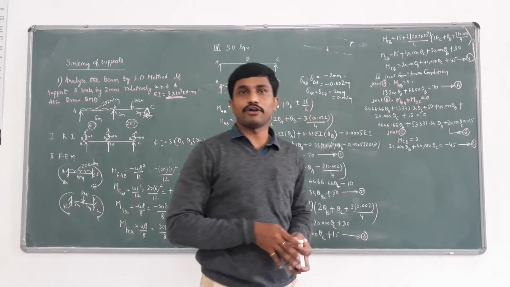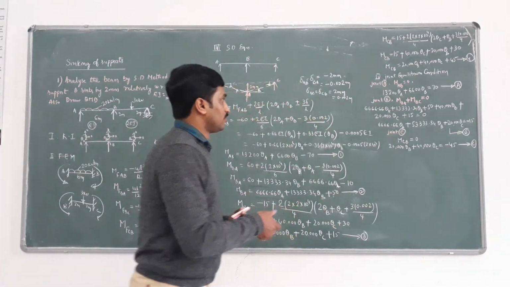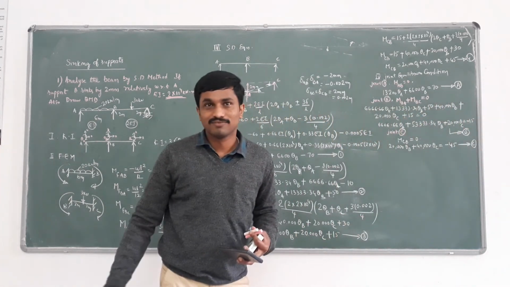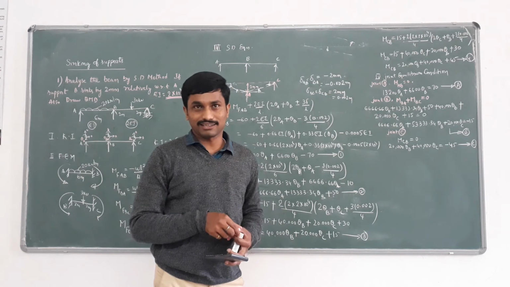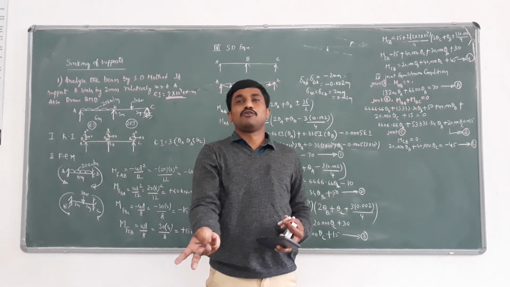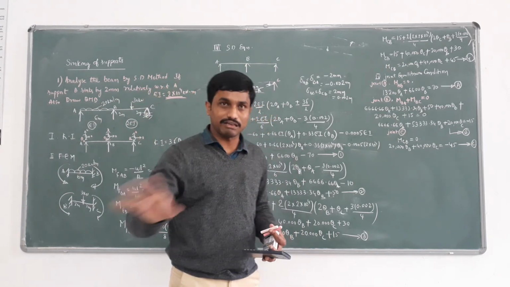Say that is equation C. Now solve equations A, B, C. There are three unknowns, and we have to solve those three simultaneous equations. We are getting the values of theta A, theta B, theta C.